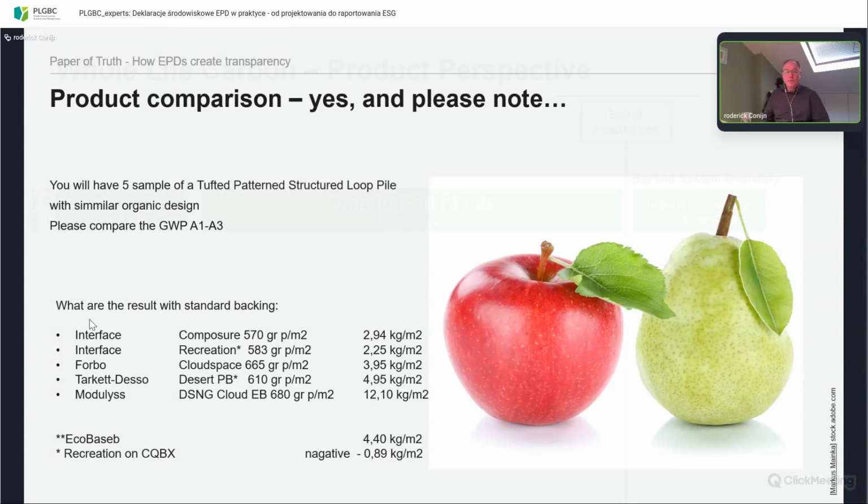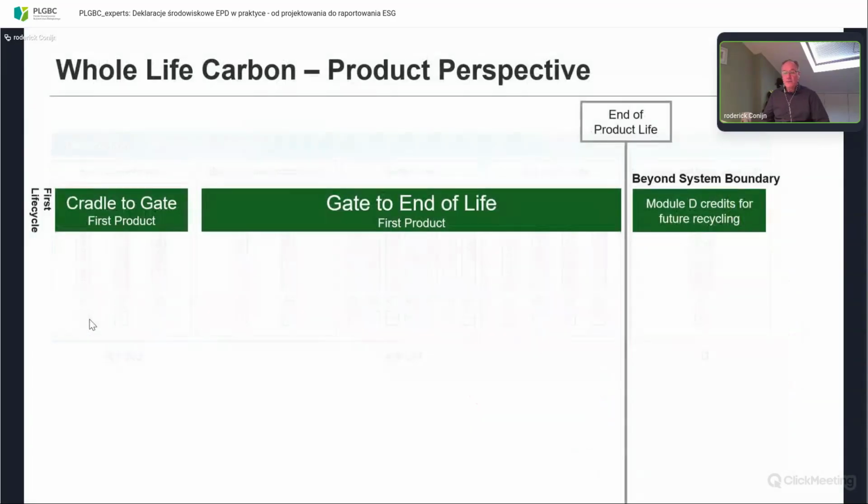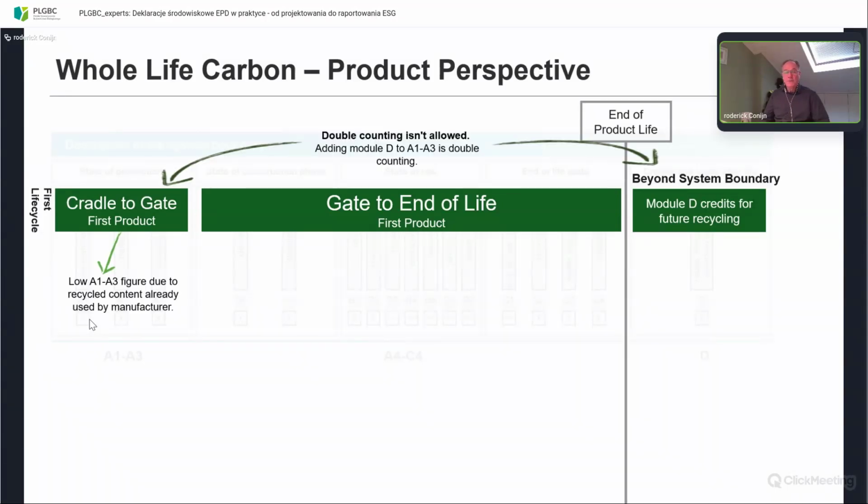The last thing I want to talk about is that we've seen that some of our competitors are talking about the end-of-life footprint, but you need to know that using that carbon footprint is not allowed within the rules of an EPD.